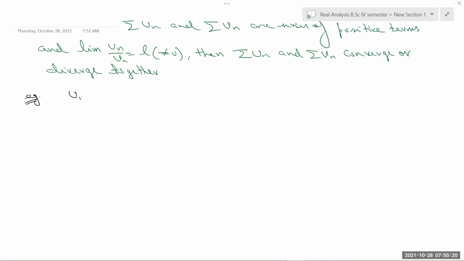Let us take un is equal to sine 1 by n, and Vn is equal to 1 by n. Suppose these two series are given, we need to compare series sine 1 by n and series 1 by n. Now look at the ratio of these two terms.